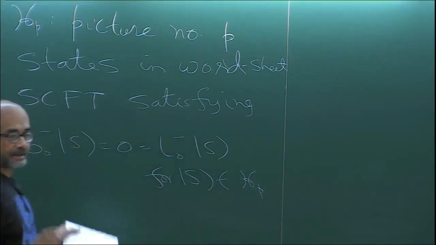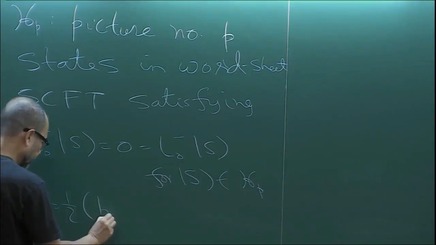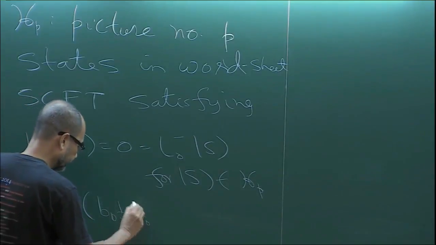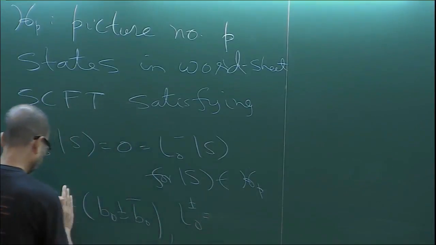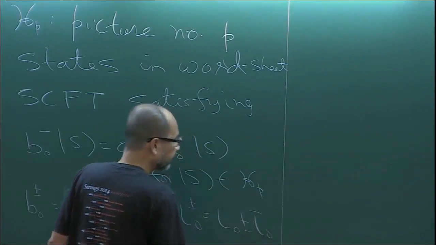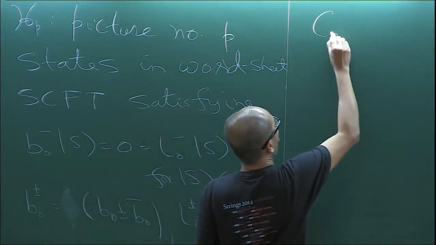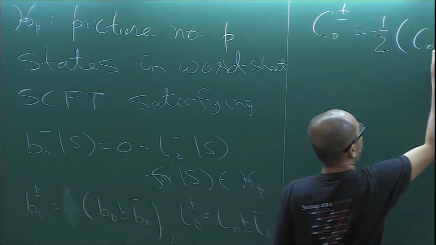So these are all picture number p states, but subject to these restrictions. The notation was B0 plus minus was half B0 plus minus B0 bar, L0 plus minus was L0 plus minus L0 bar, and we also introduced C0 plus minus, which is half C0 plus minus C0 bar.